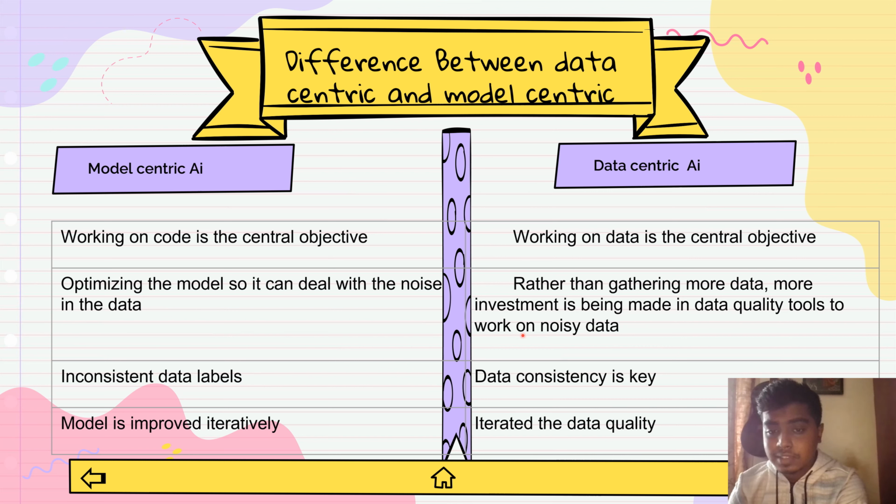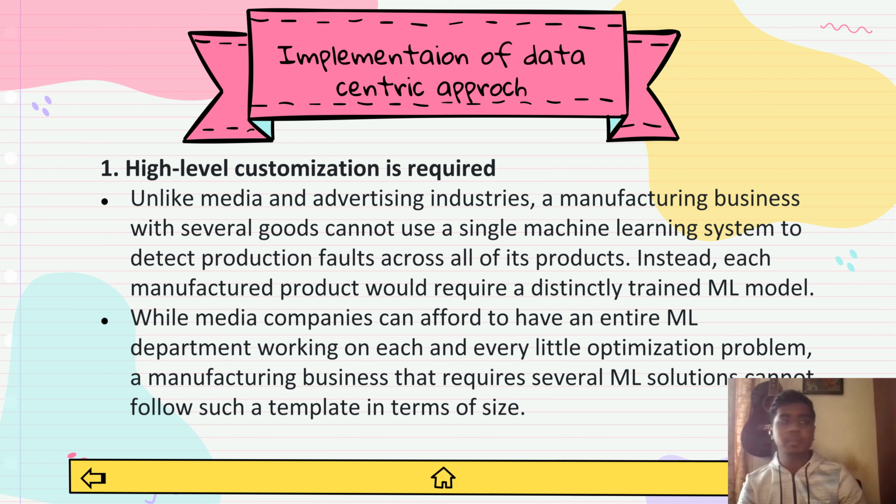So how can a data-centric approach be implemented? There are actually two ways of implementing a data-centric approach. The first one is that hands-on customization is required. Unlike media and advertising industries, a manufacturing business with several goods cannot use a single machine learning system to detect production faults across all its products.